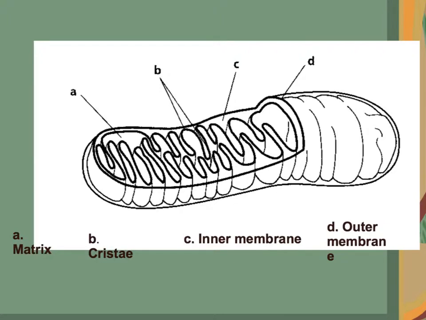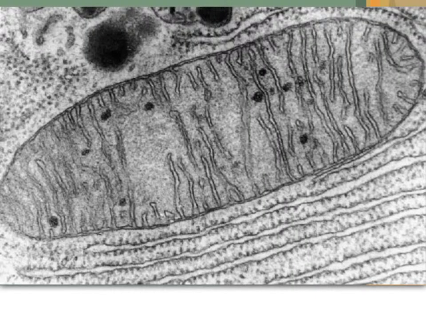So as we look at the stages of cell respiration, it will be important to note the cytosol, the matrix, and the cristae, as this is where the 3 stages will occur. Now here we have a transmission electron microscope photograph of the mitochondria.